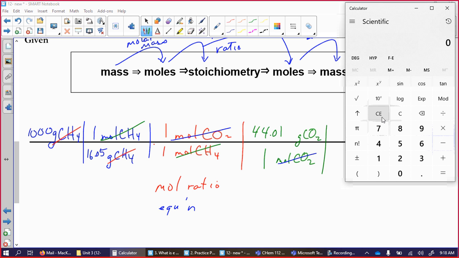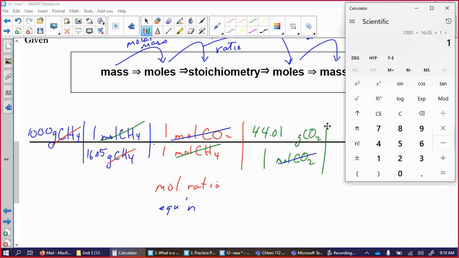How you actually do the math is a little bit different, because I'll show you quickly after we do the next one how I learned these. It's fundamentally the same thing. 1,000 grams. I do each thing separately. I kind of ignore the ones. I don't need to multiply by 1, but I divide by 16.05. I'm going to do it here times 1 divided by 1 because that's that step.